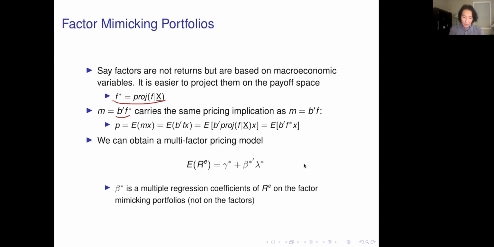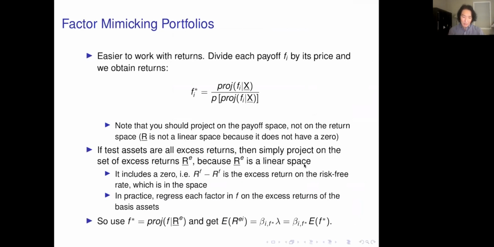So we can use the projection instead of the full stochastic discount factor, and we can obtain the same multi-factor pricing model. In practice, it's much easier to work with returns. So how do we get returns on the factor mimicking portfolios? We divide by the price of the factor mimicking portfolio.